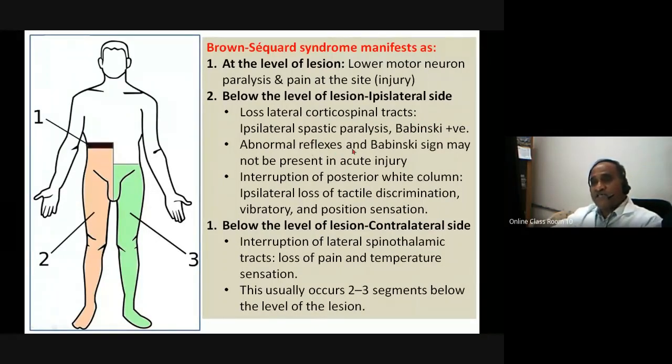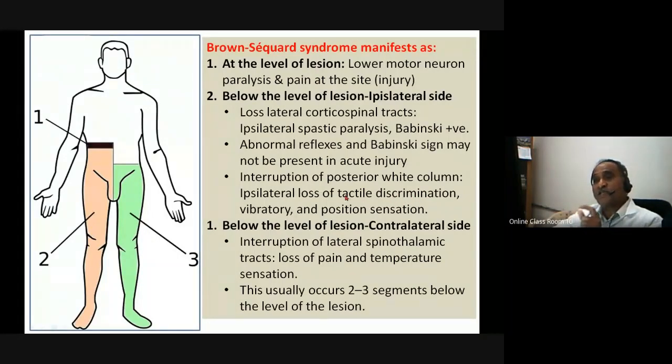Now, the reflexes, especially the deep tendon reflexes below here, become exaggerated. The Babinski sign, as already mentioned, is positive. Interruption of the posterior white column. That means, as I mentioned, the posterior column carries discriminatory sensations.